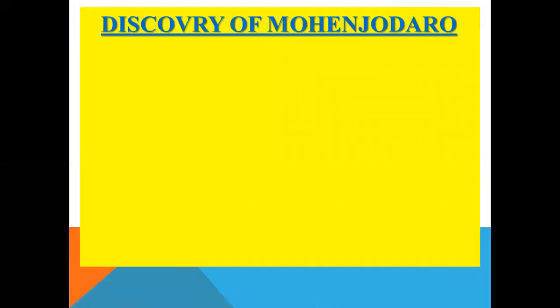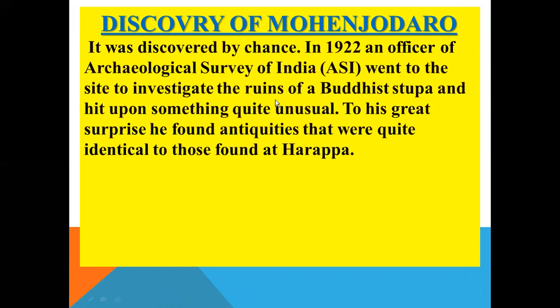Dear students, we will study the discovery of Mohenjo-Daro, or you can say the excavation of Mohenjo-Daro. It was discovered by chance in 1922. An officer of the Archaeological Survey of India went to the site to investigate the ruins of a Buddhist stupa. A stupa is the symbol of Buddhism, and he stumbled upon something quite unusual.